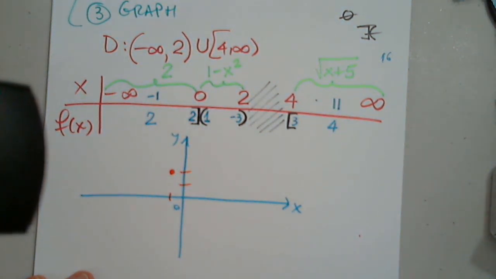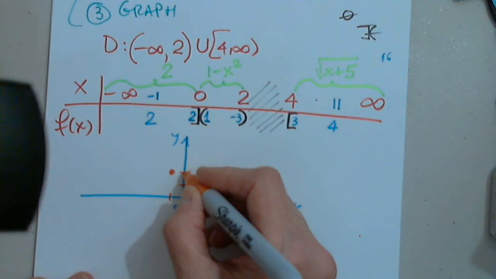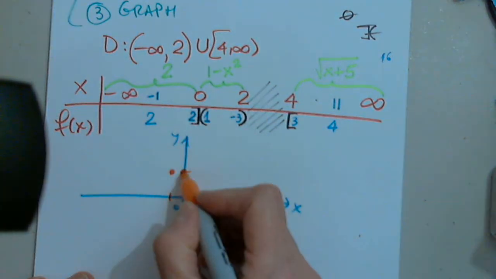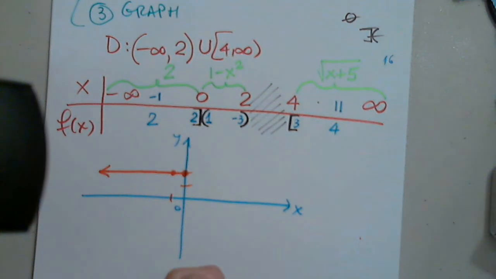Second ordered pair that I have to plot. Zero and two. Full point or open point? Full. Closed. Very good, because of the bracket. So I'm graphing y equals 2. I'm done with orange.